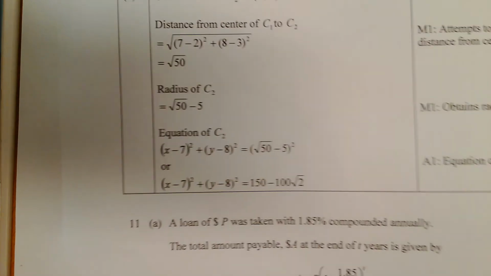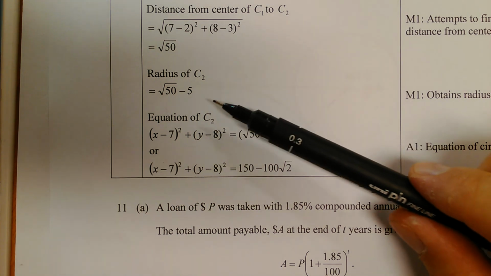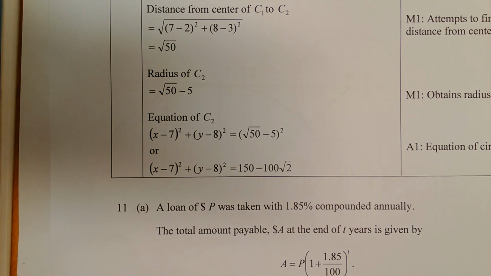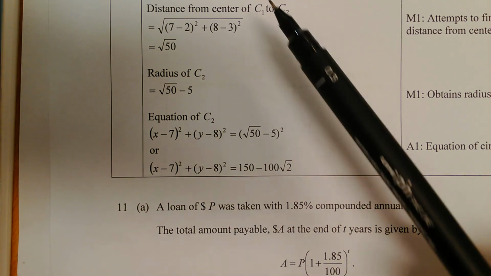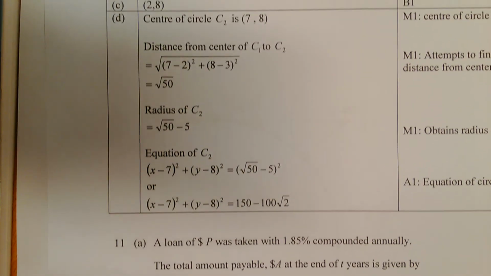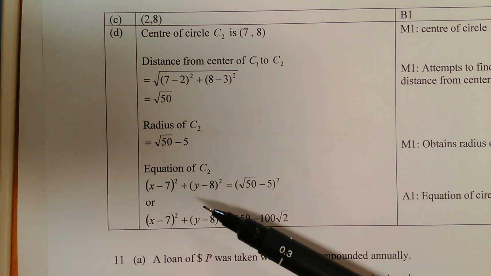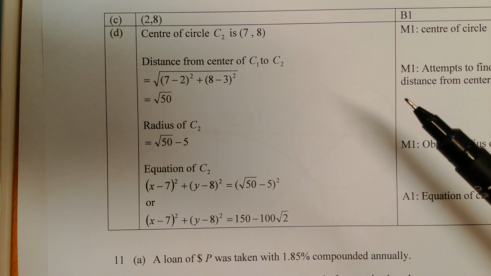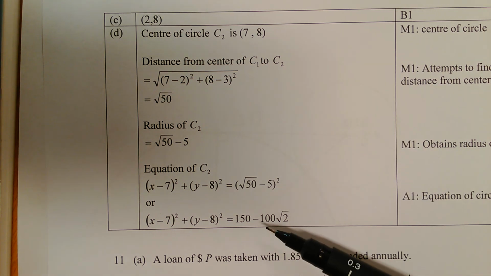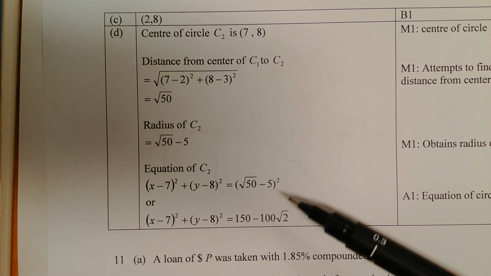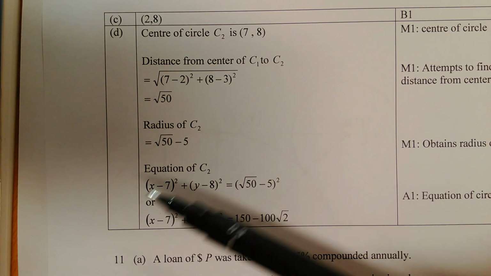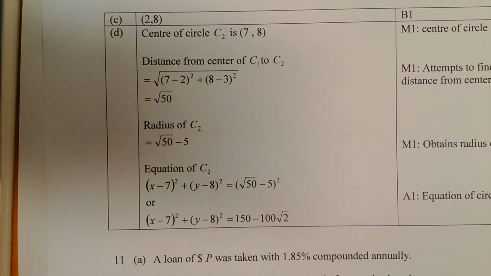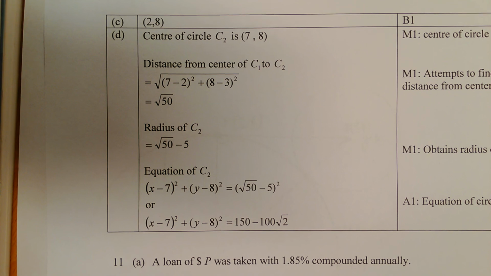So what I get is the radius of C2 is root 50 minus 5. Therefore, the equation of C2 is (x minus 7) squared, because the center is (7, 8), plus (y minus 8) squared equals (root 50 minus 5) squared. Whether or not you expand this, it doesn't really matter, but once you get this general format for the equation of C2, you are done for question 10 part D.